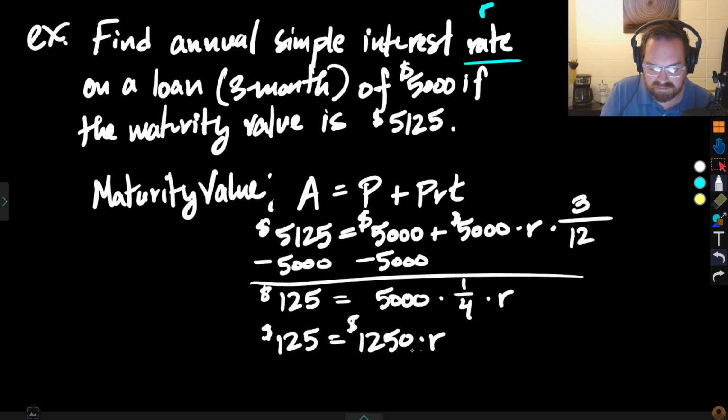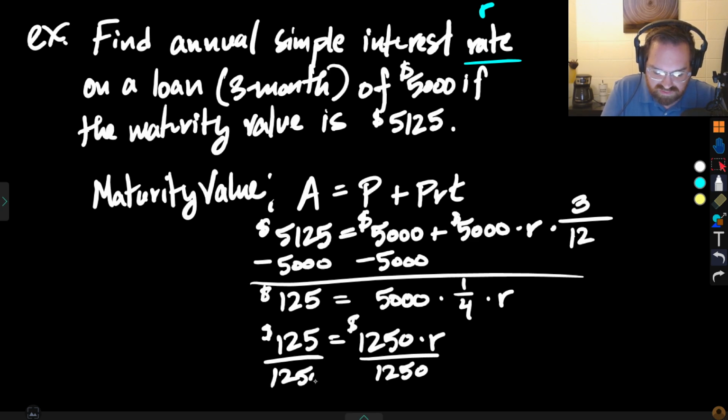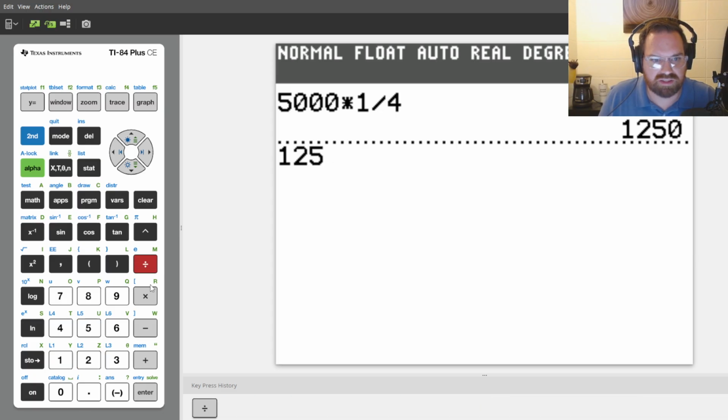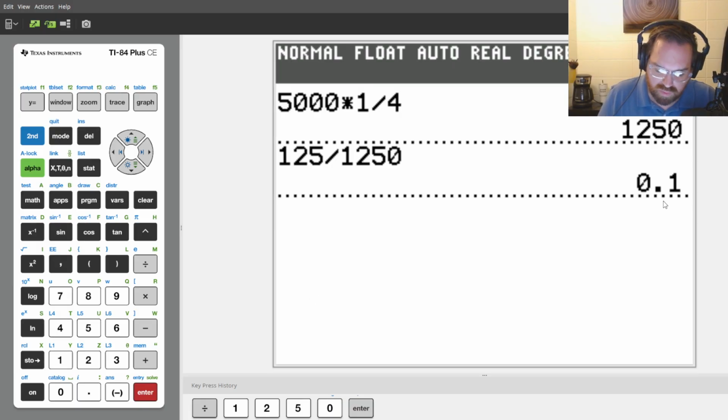To get R by itself, this number is what we call a coefficient. It's a number that sits in front of a variable. All we do is divide, because the opposite operation of multiplication is division. So we divide by 1250. On the calculator, I take 125, divide through by 1250, and I get 0.1.